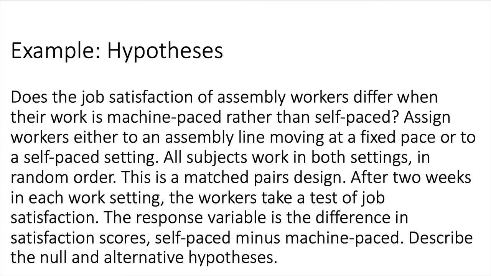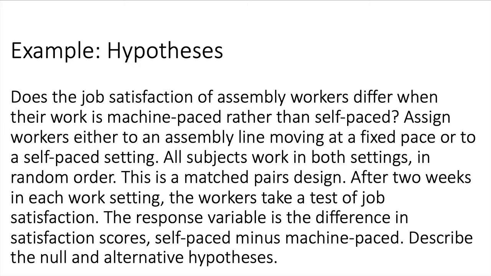Let's look at an example of just stating these hypotheses. Does the job satisfaction of assembly workers differ when their work is machine-paced rather than self-paced? Assign workers either to an assembly line moving at a fixed pace or to a self-paced setting. All subjects work in both settings in random order. This is a matched pairs design.